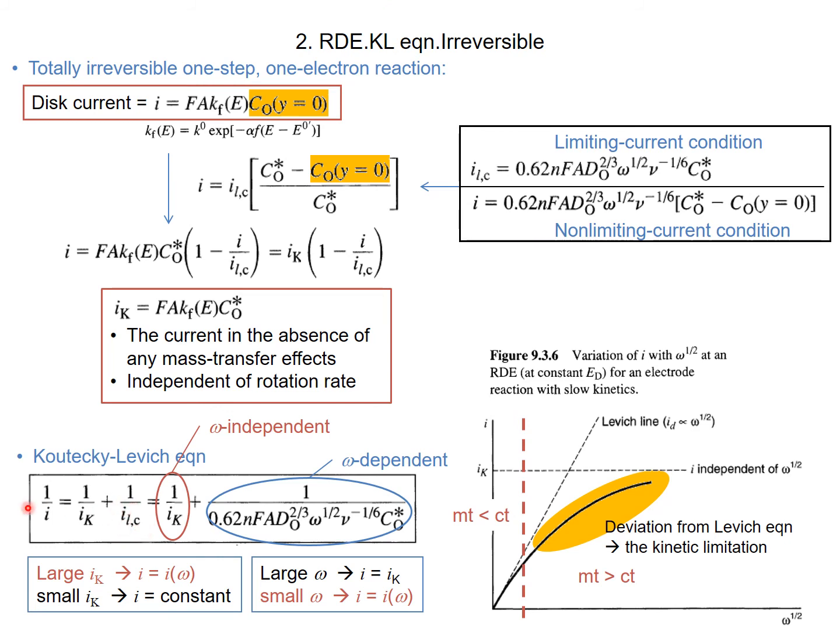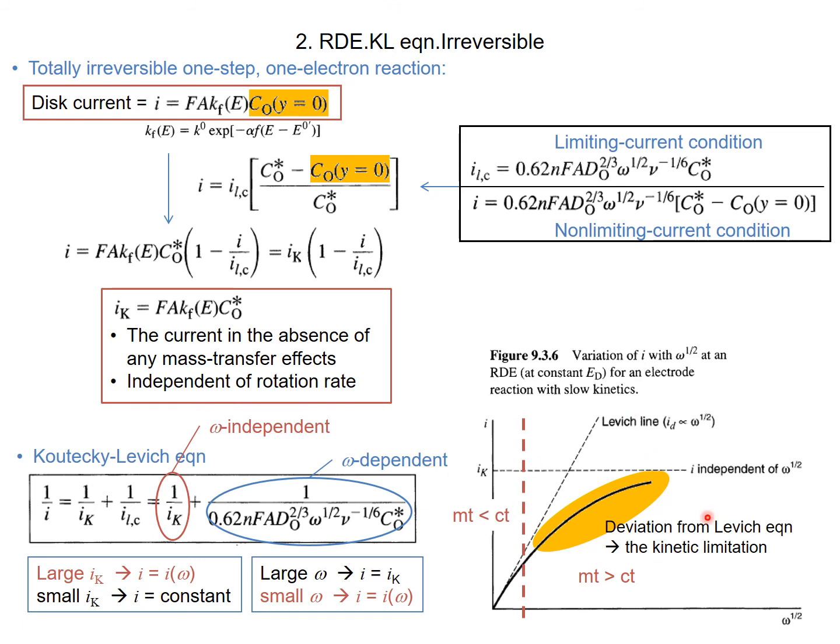Again, 1 over overall current is equal to 1 over Koutecký plus 1 over Levich. The Koutecký term is omega independent, where omega is the rotational speed. However, the Levich term is, of course, dependent on the rotational speed omega.